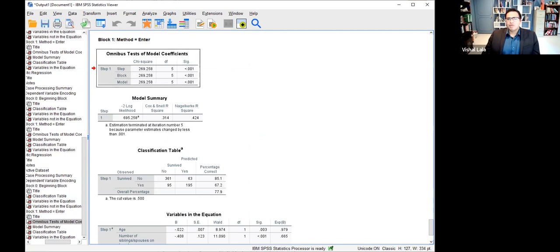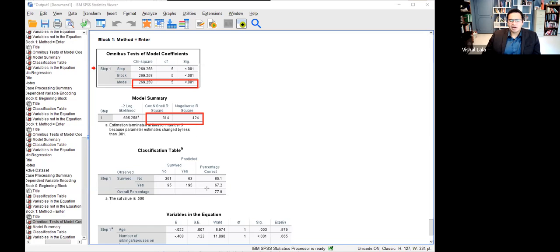In block 1, we first examine the model chi-squared, which tells us whether our model is better than not having one. Since the model chi-squared is less than 0.05, we can safely conclude that our model is better than not having one. We can also see here our R-squared numbers are in the moderate range, 0.1 to 0.5.